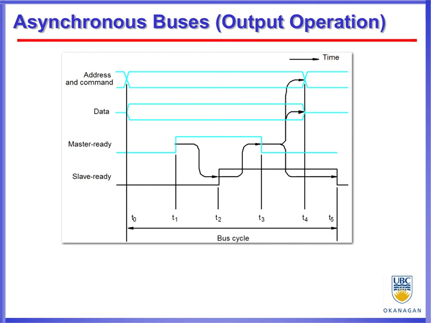Again, it's going to wait some amount of time between T0 and T1, right? And again, this is due to bus skew and decoding. Okay, this data is not going to arrive at every device at the same time. These address lines are not going to arrive at every device at the same time.